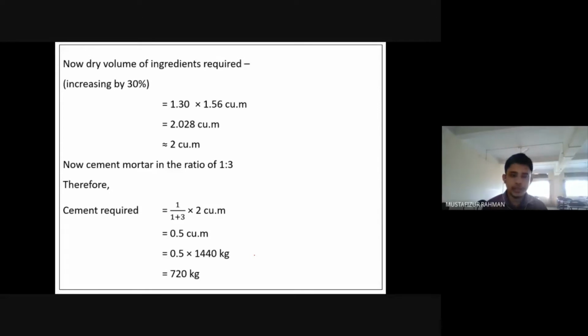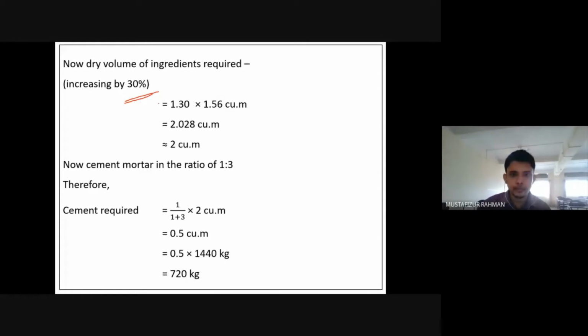And we should consider a higher value when it is fine sand, and this value can be slightly lower when it is coarser sand. In the previous problem, we used 1.25 or 25%. Here we are using 30%. So this value can be in between 25 to 30%, depending upon the type of material we are using.